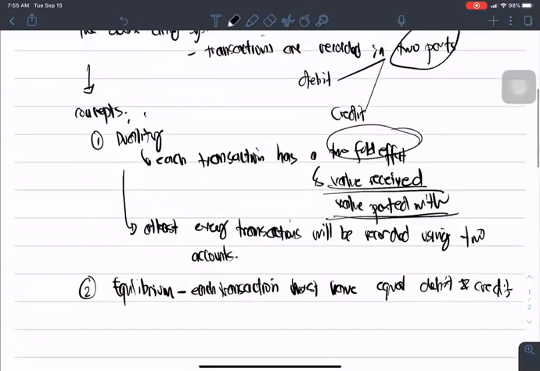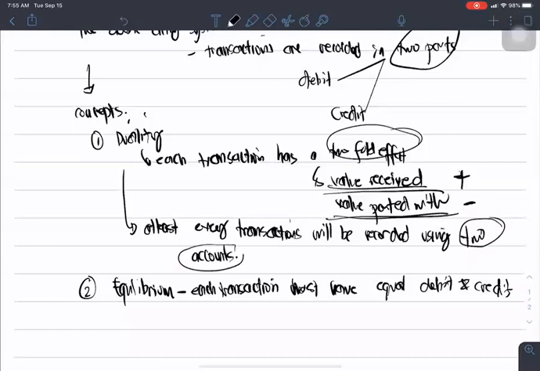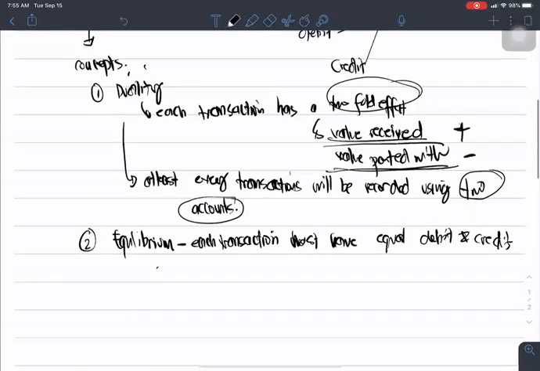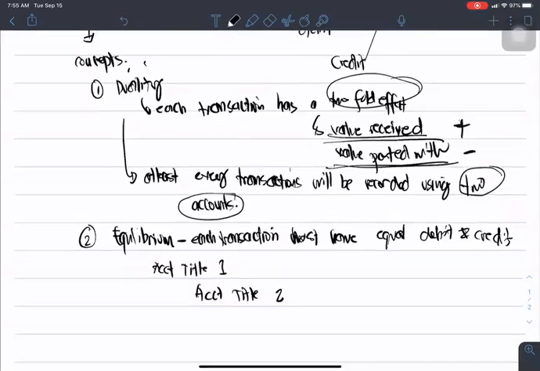Okay? So we have a twofold effect, value received, value parted with. Value received normally is an increase, and value parted with is the decrease. And take note, we are using two accounts. So we have here account title 1 and account title 2. We have value received that can either be a debit or a credit.